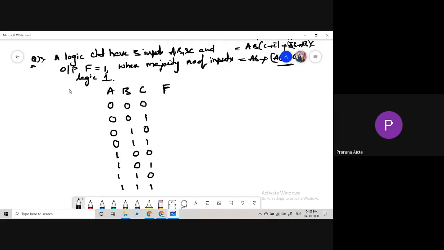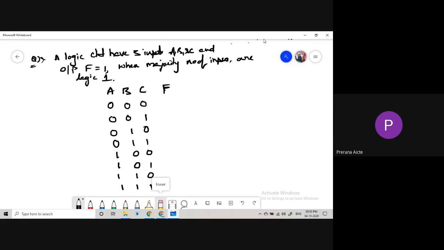The output F equals 1 when the majority of inputs are logic 1.